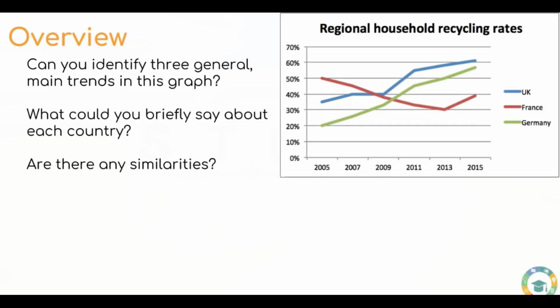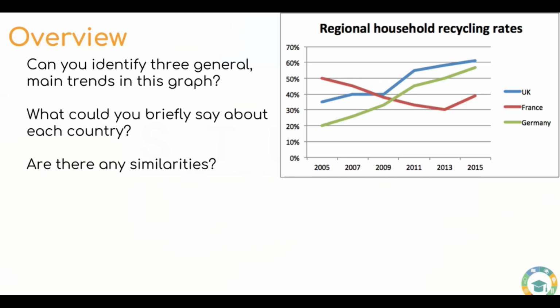The line graph shows the percentage of recycling rates in 3 countries, and it's recorded across 6 years. Can you identify 3 general main trends in this graph? And by that, I don't mean specific figures, just the overall picture.